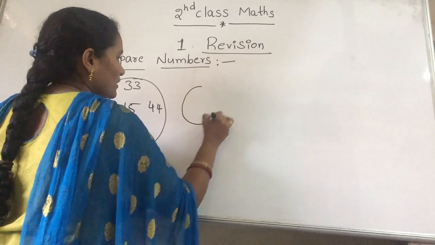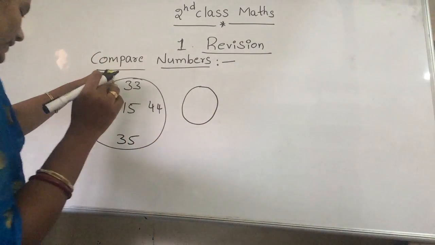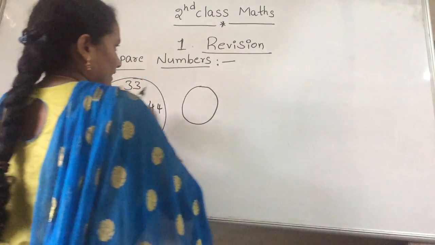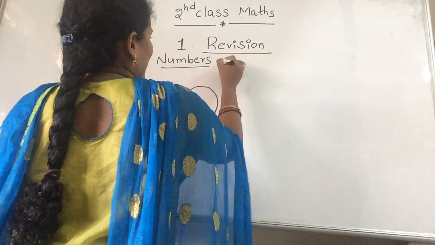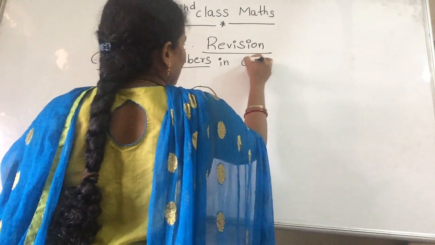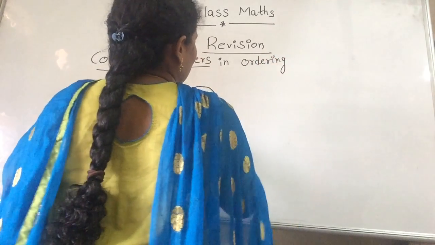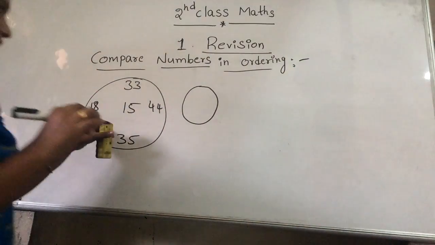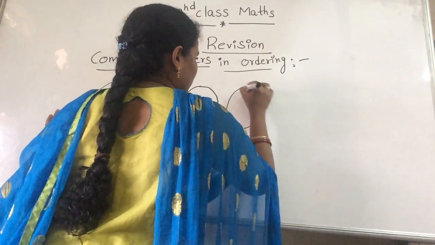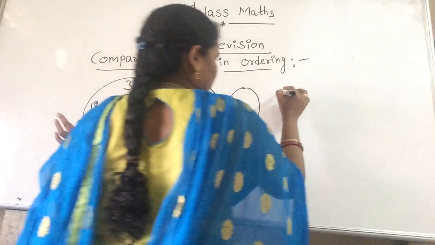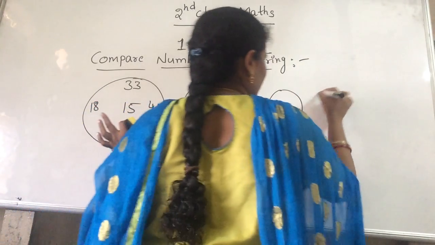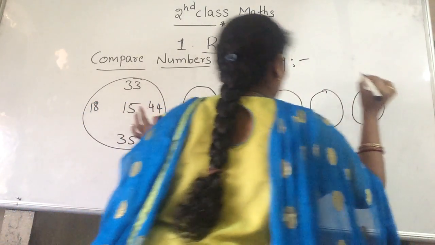Here write down ordering numbers, or compare numbers in ordering. Okay children, now you get some circles. How many circles? 5 circles. In these circles put these numbers.